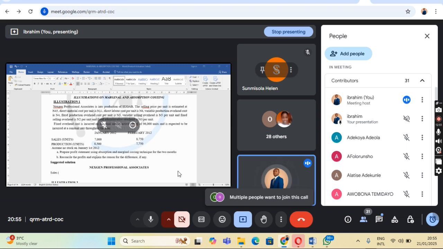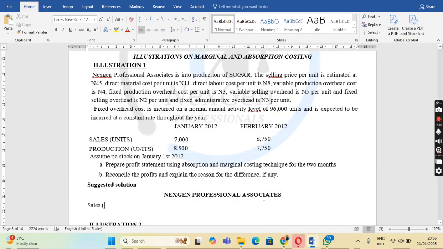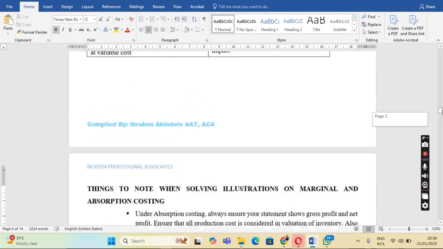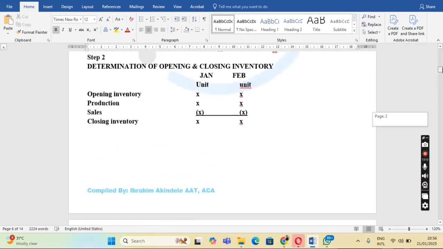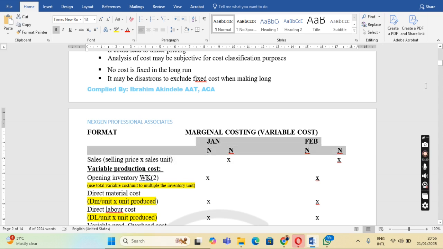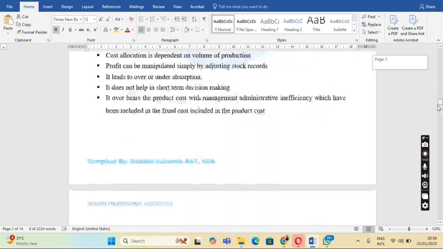The sales unit and production unit are two different things. It is when you produce that you can be able to sell, to make a sales, right? And it is for January and February, right? So let me quickly bring this down.